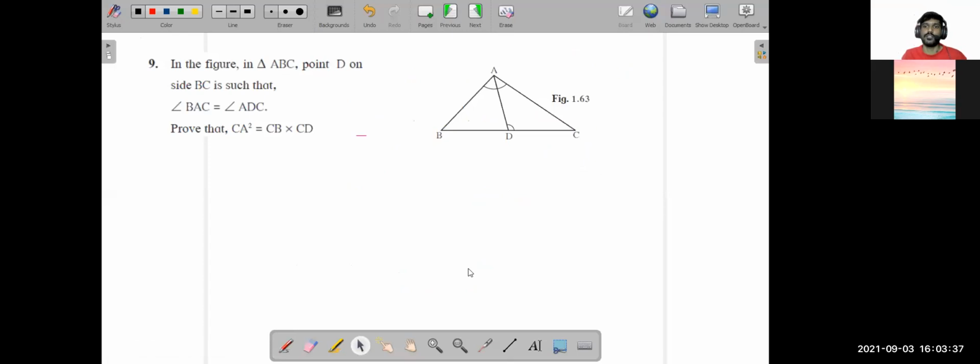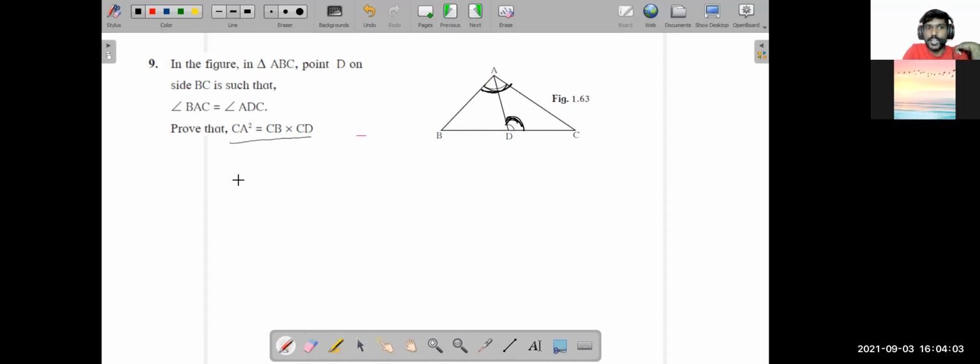So we have the ninth sum remaining. This is the last sum. Now in the figure, A, B, C, point D lies on side BC, and angle BAC, that is this angle, and angle ADC, this angle here, are equal to each other.